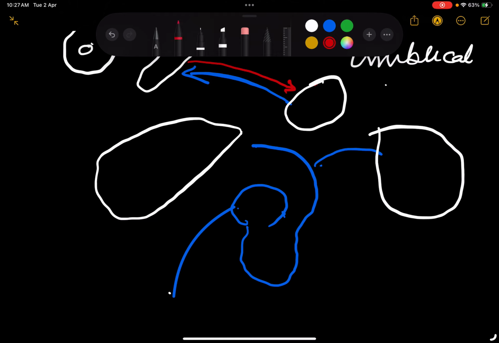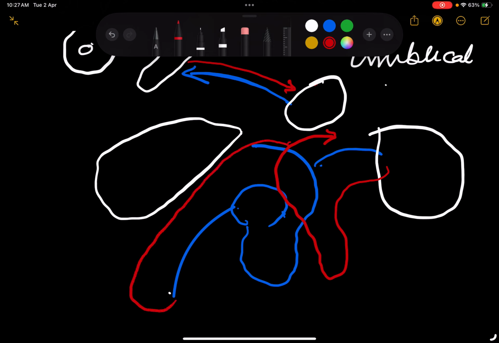From the lung, oxygenated blood will return into the ventricle, go through the aorta into the body, get deoxygenated in the tissue and come back through the veins. So this normal circulation, which is pulmonary circulation or lung-based circulation, has to be established.